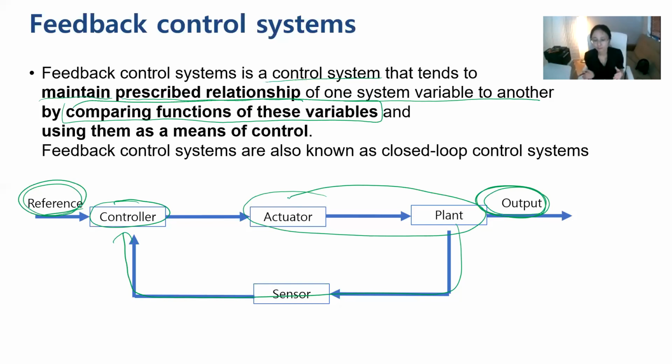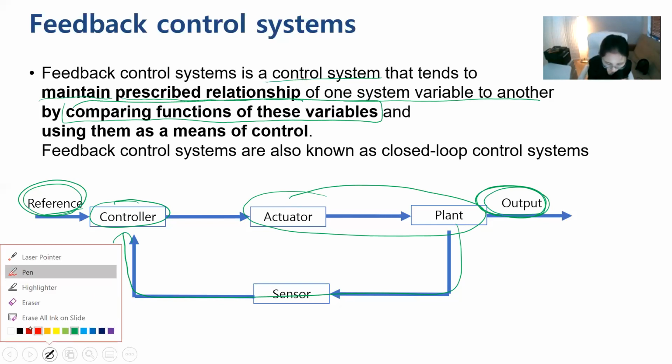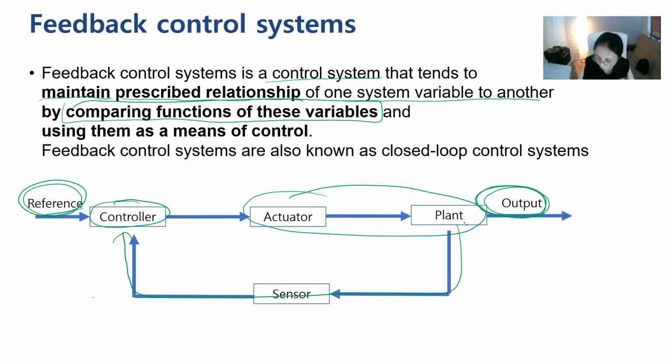Therefore the plant can exhibit a desired behavior. That's a feedback control system. It is called a feedback control system because you are feeding the output signal back to a controller, so it's called feedback.